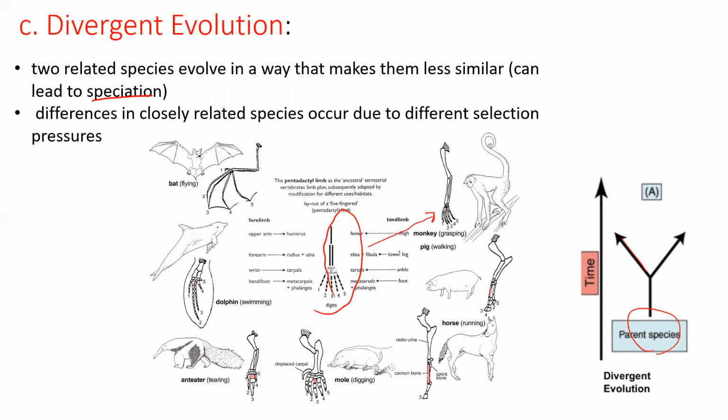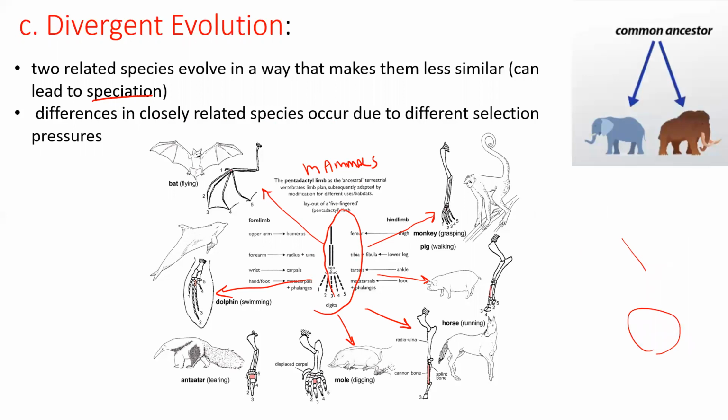One is for grasping, for trotting, for digging, for swimming, for flying, but they're all mammals. Yet they look unrelated. Common ancestor, they diverge. Different environments, so different selection pressures.